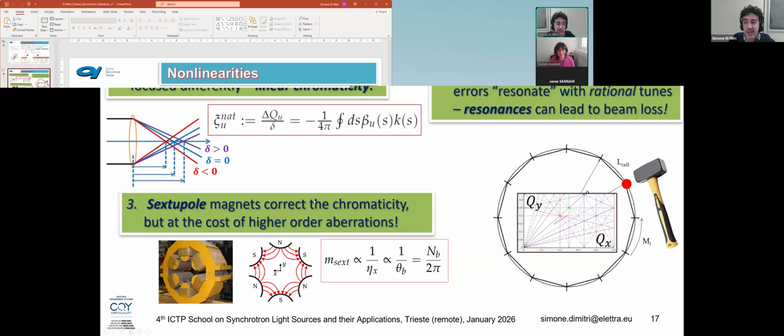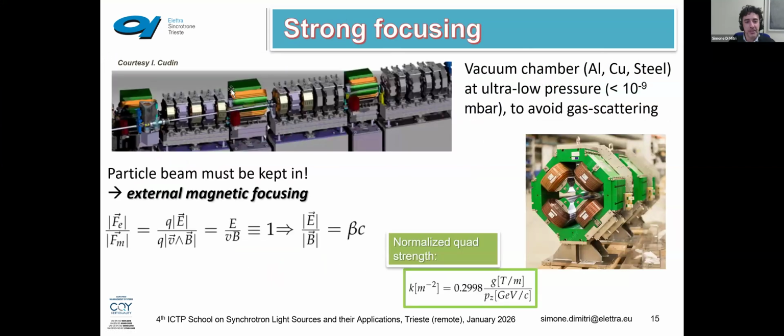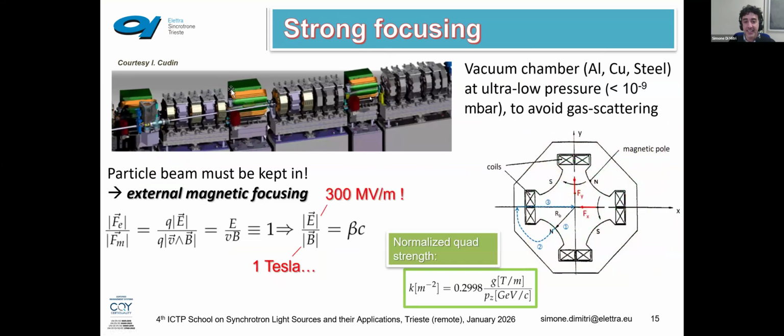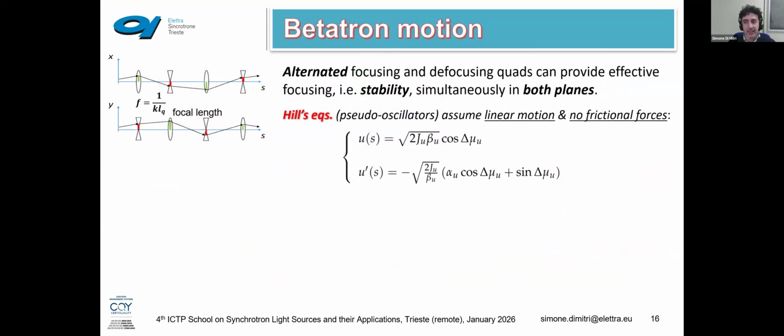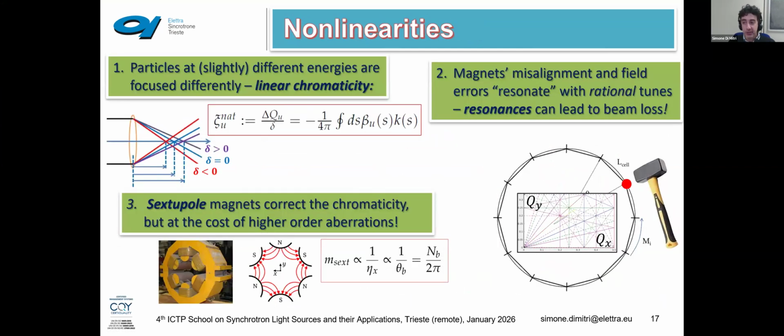Okay, but I'm not sure we are talking of the same lattice. I'm talking of the magnetic lattice. Exactly. So let me go back to my definition. We define a lattice, in accelerator physics jargon, as a sequence of magnets, and these magnets make the circumference of the accelerator. Now, this lattice made of quadrupole, dipole, and sextupole magnets is typically very periodic.